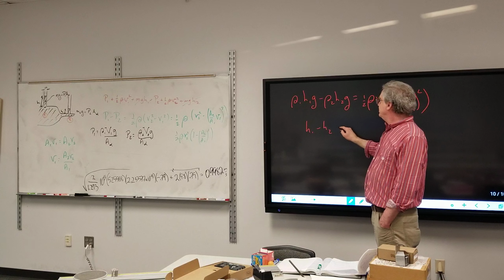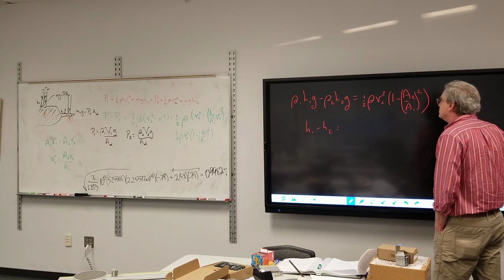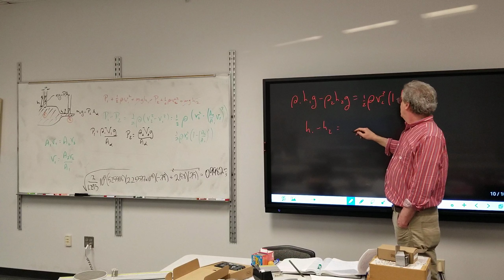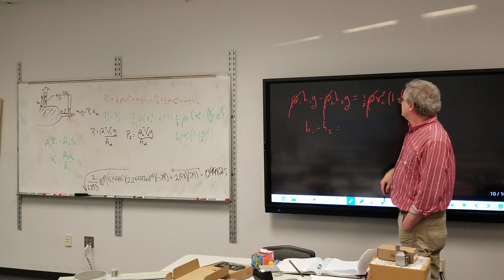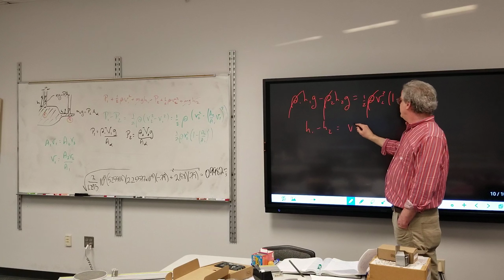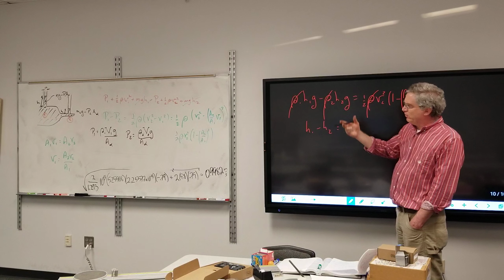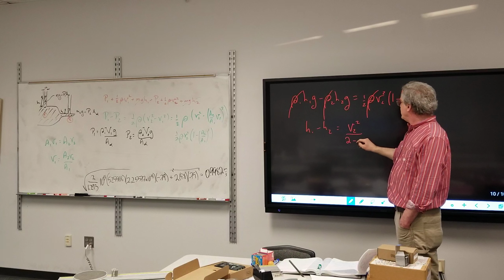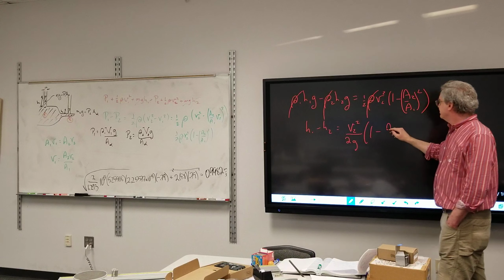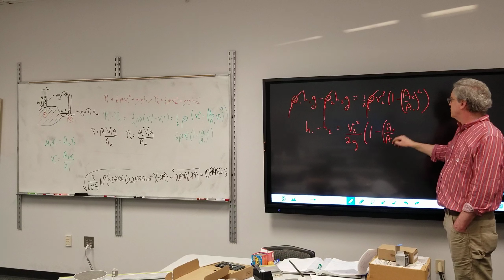H1 minus H2. Density is the same fluid, so density cancels out. And we're left with V2, the speed of the fluid in the second half, squared over 2g times 1 minus the ratio of the areas squared.